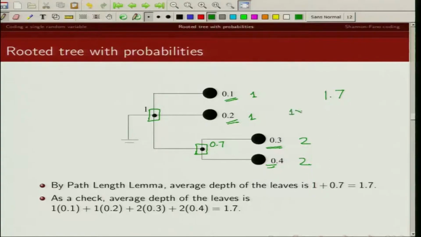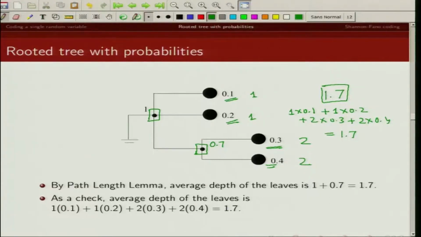This is 1 into 0.1 plus 1 into 0.2 plus 2 into 0.3 plus 2 into 0.4, and this is equal to 0.1, 0.3, 0.9, and this is 1.7. This is precisely the number which is given by the path length lemma.